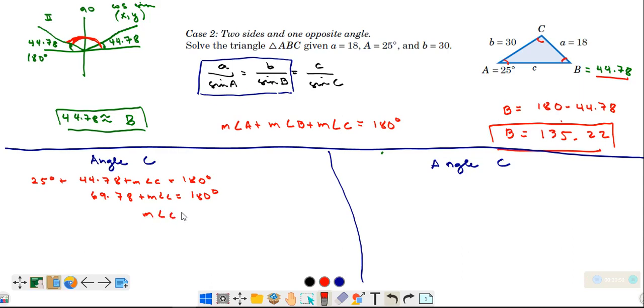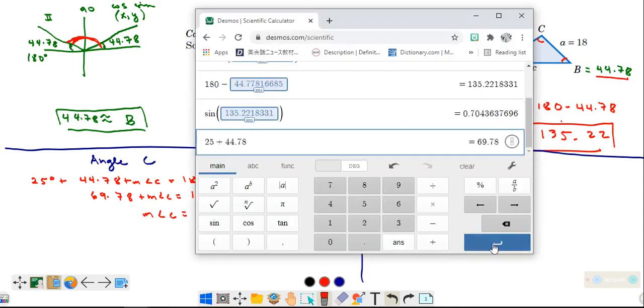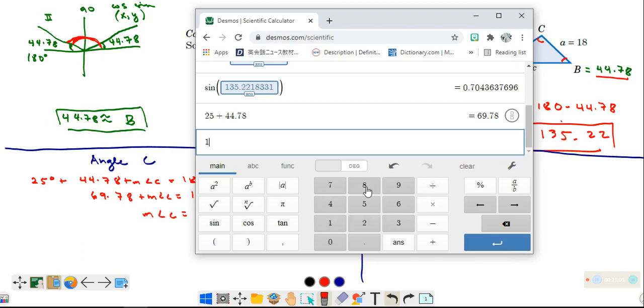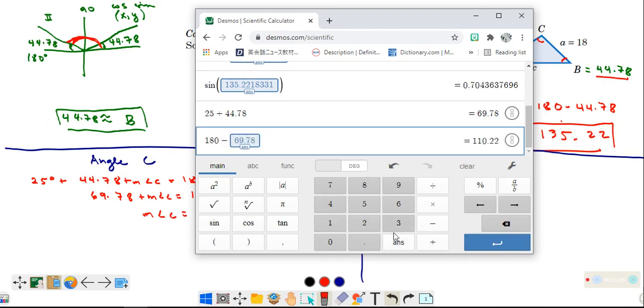So measurement of angle C is equal to 180 degrees minus 69.78. So ilan yon? Lagay tayo sa panline. 180 minus answer. Napakadali kapag marunong kayo gumamit ng answer na function ng calculator. You will have 110.22.